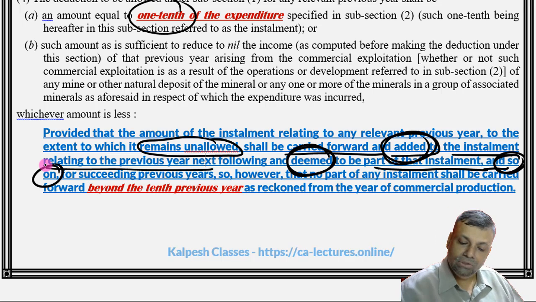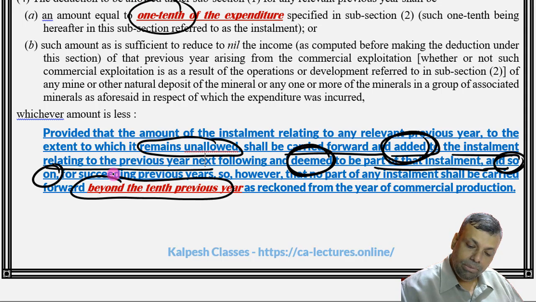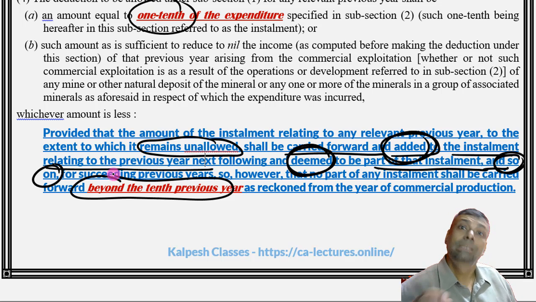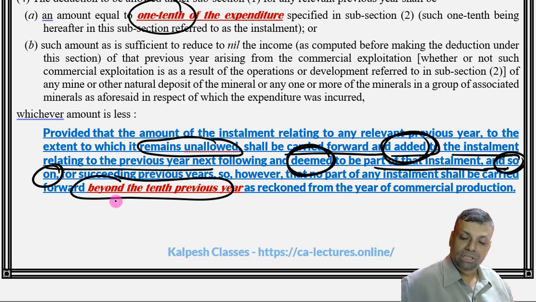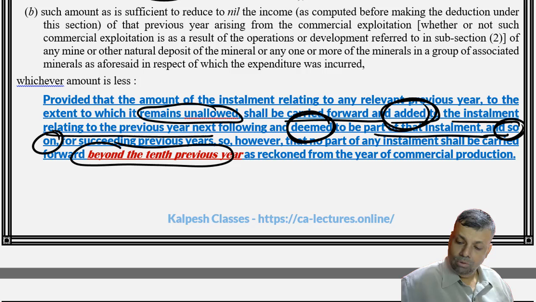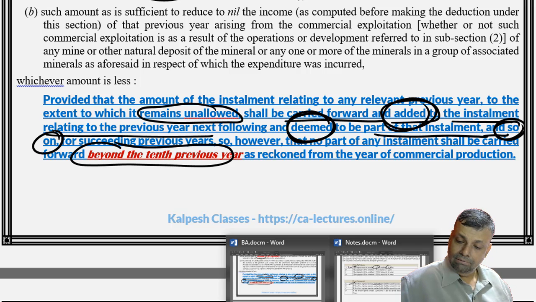So that is a unique feature. However, it cannot go beyond the period of the 10th previous year. That means the maximum carry forward set off is only for 10 years. The carry forward set off treatment is similar to that of depreciation, because the language used here is similar to the carry forward set off of depreciation. It's a very unique feature of this particular proviso, and that is also tested in our question.